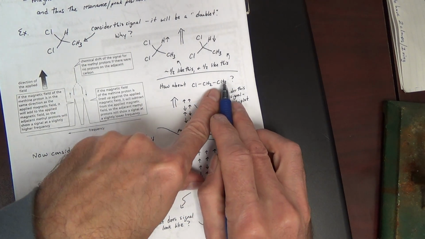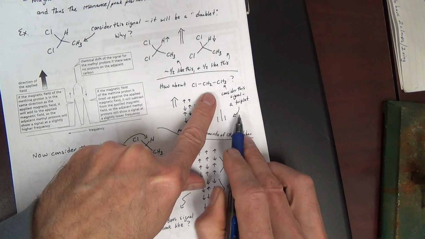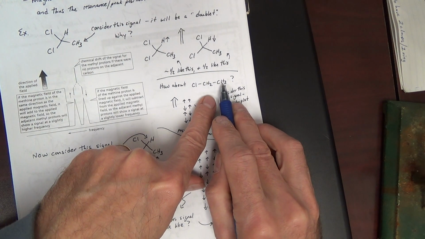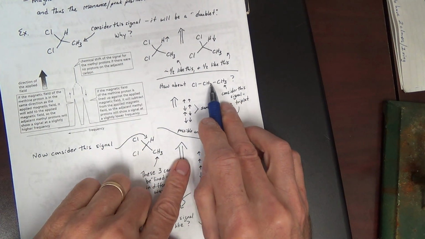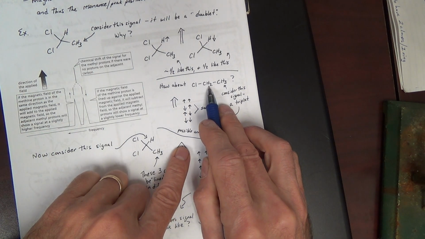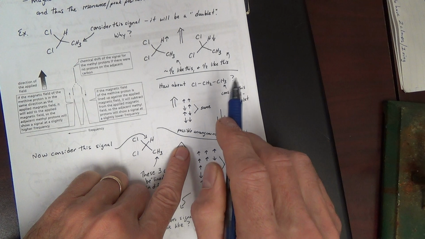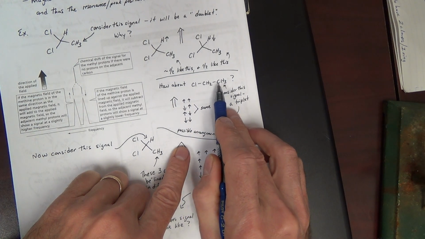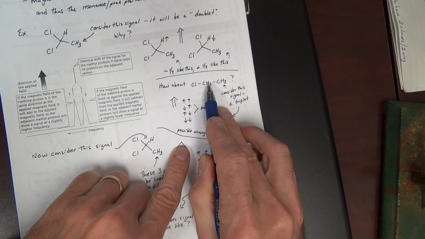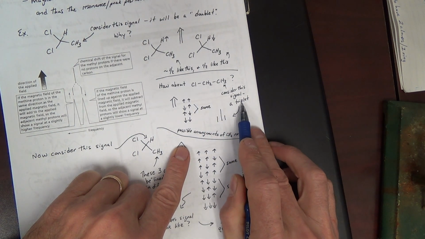Consider this CH3. Now this CH3 is going to appear as a triplet. Why? Because it has two neighbors. And when we're probing this CH3 by NMR, these two neighboring hydrogens can exist in, guess what? 3 different situations.